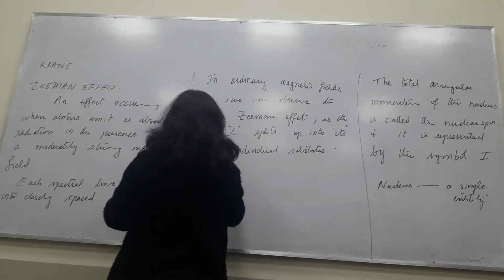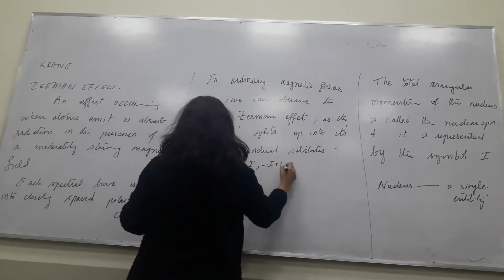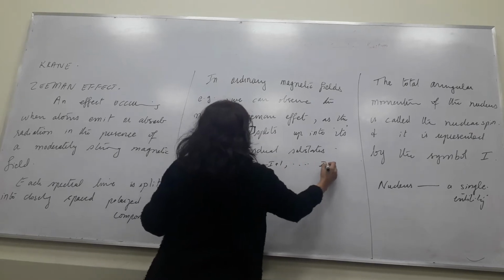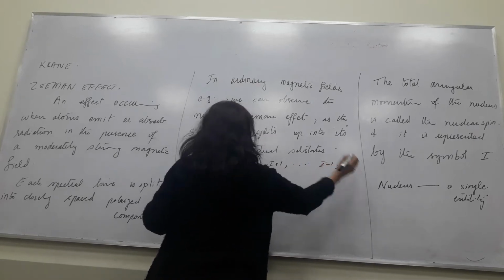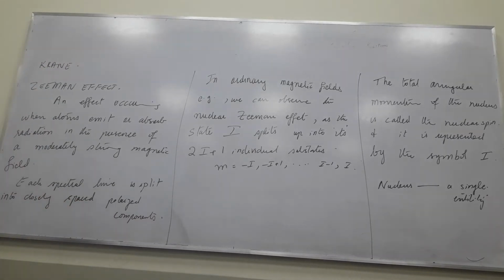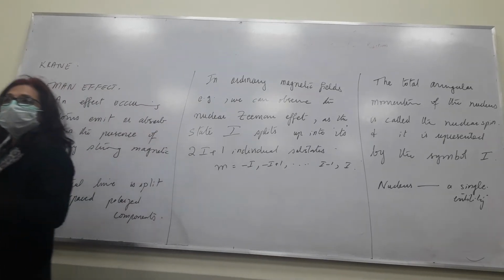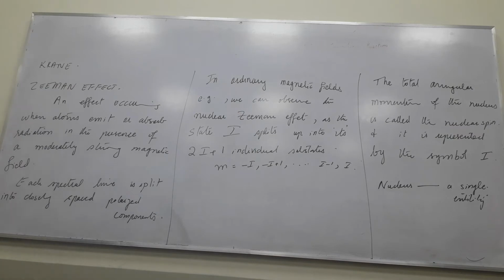So, we can say that M is equal to minus I, minus I plus 1, and so on, up to I minus 1 and I. So, this is again similar to the quantization concept, right. These substates are equally spaced, as in the atomic normal Zeeman effect. The Zeeman effect we talked about previously was the atomic Zeeman effect, but now we are talking about the nuclear part of it.